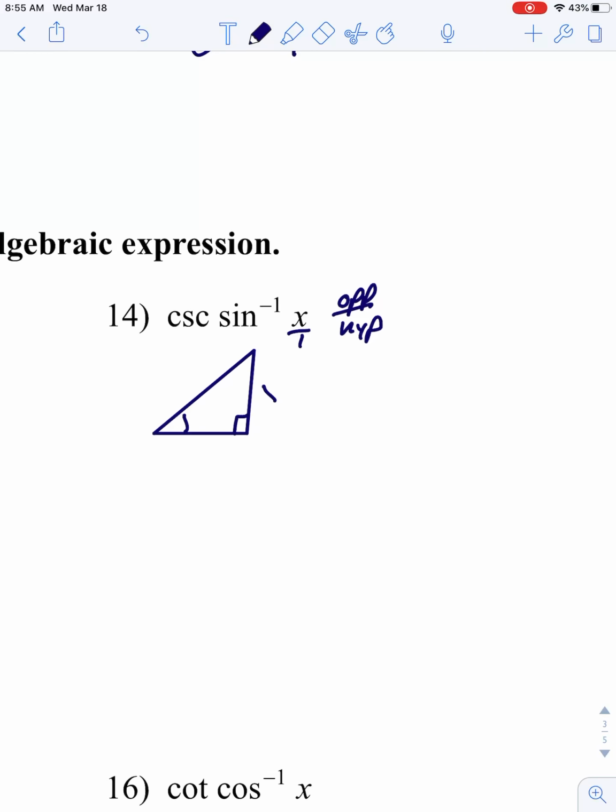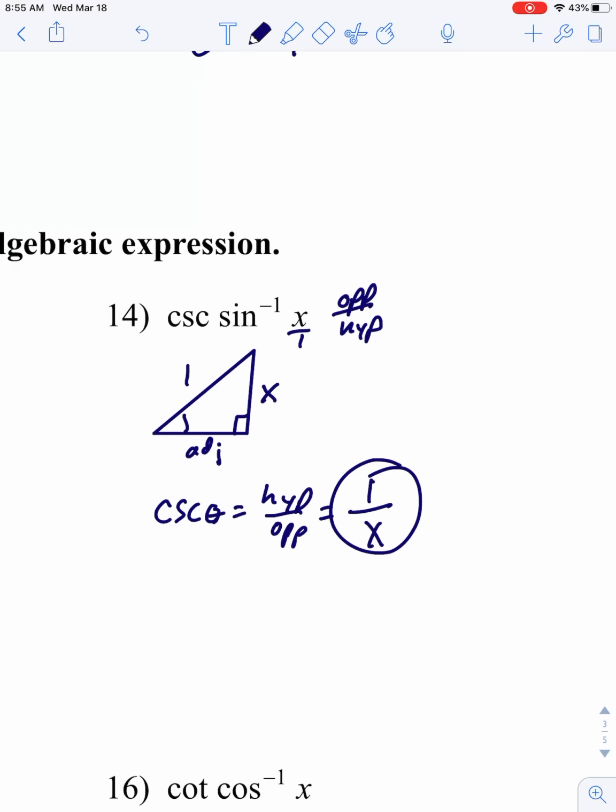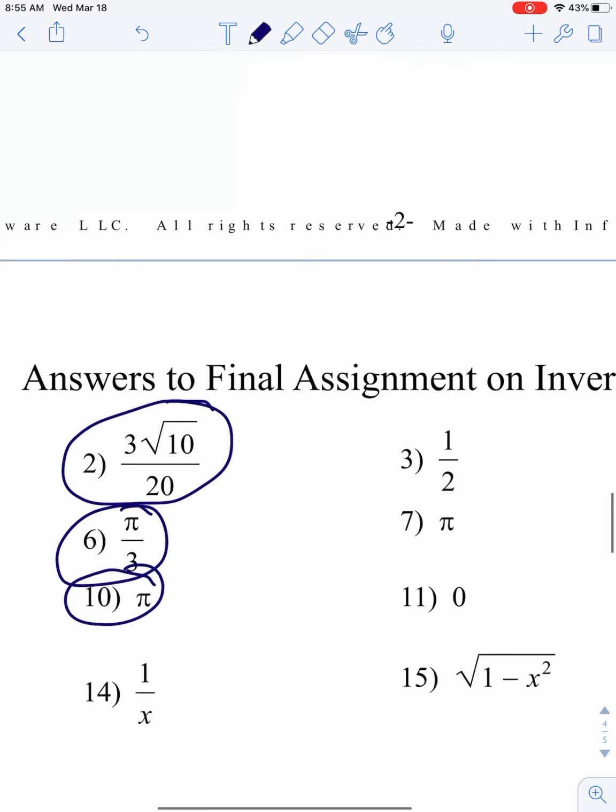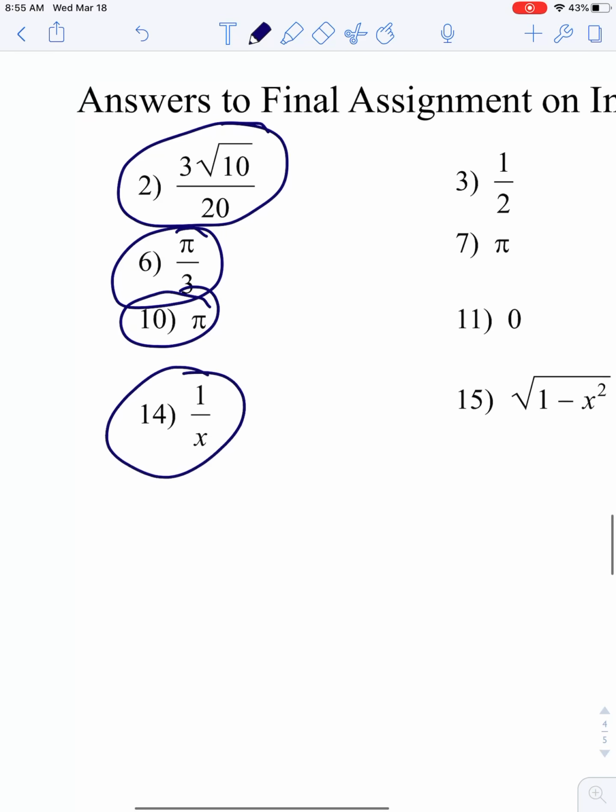The opposite is x, the hypotenuse is 1. Cosecant of theta is hypotenuse over opposite. So with this one, we don't even really have to do the Pythagorean theorem. The adjacent in this problem is irrelevant. It never comes into play. So hypotenuse over opposite is 1 over x. And if I go down and check number 14, that should just be the answer, yes.